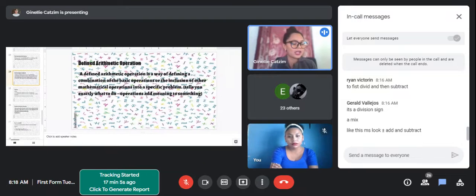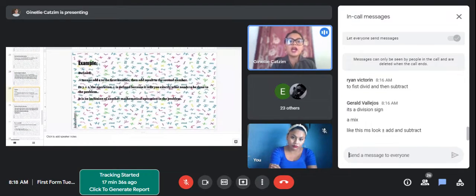It tells you exactly what to do. The one that I just read to you had it that you divide and then subtract. So it is a combination. It is not only addition, subtraction. It can be addition with multiplication, addition with subtraction, subtraction with division, and so on.